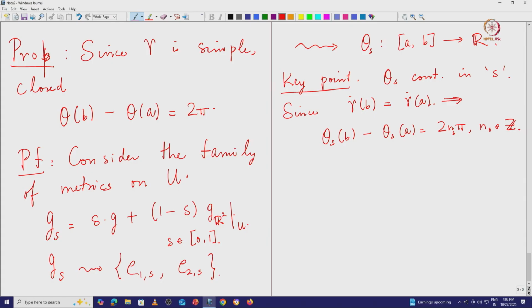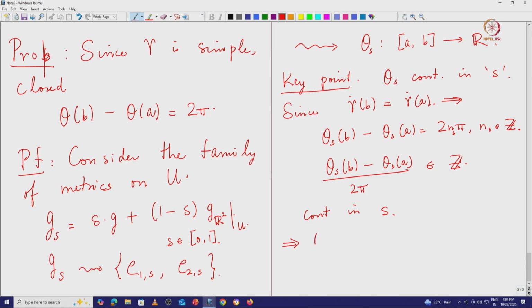right. But then if you consider the function theta S of B minus theta S of A divided by 2 pi, this is an integer valued function and it is continuous in S. So, of course, it must be the constant function.